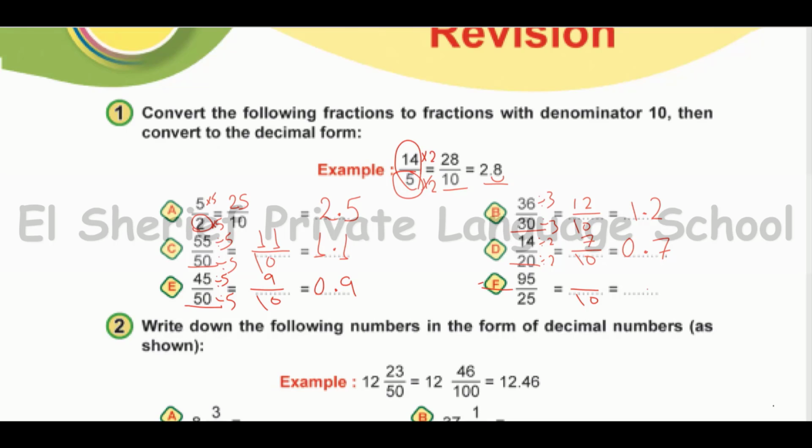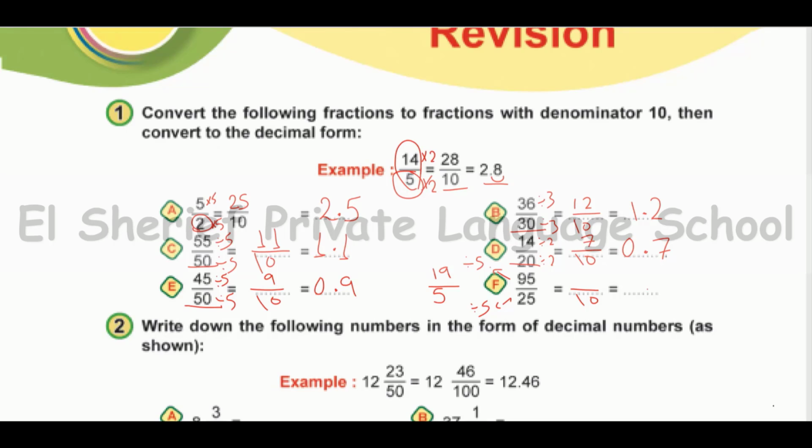We can simplify it by dividing 25 by 5. Now we divide 25 by 5 equals 5, and divide 95 by 5 equals 19.